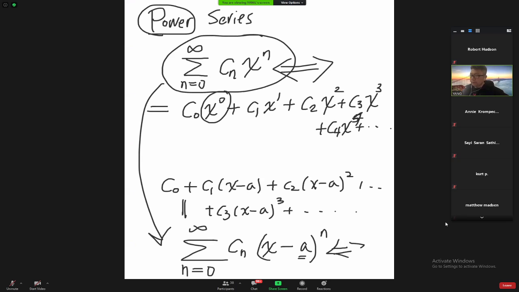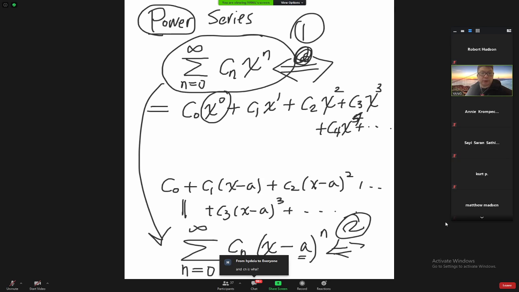Sometimes you're going to meet the first form, sometimes you're going to meet the second form. All of those are power series. Is that clear? So first we have to know what a power series is. Cn is constant.